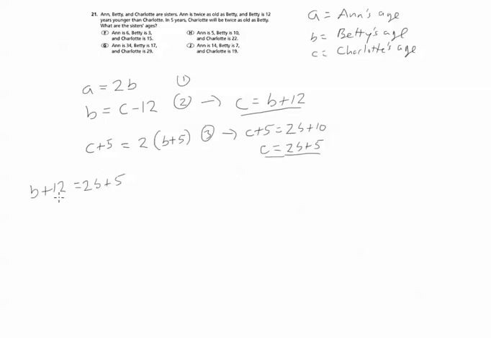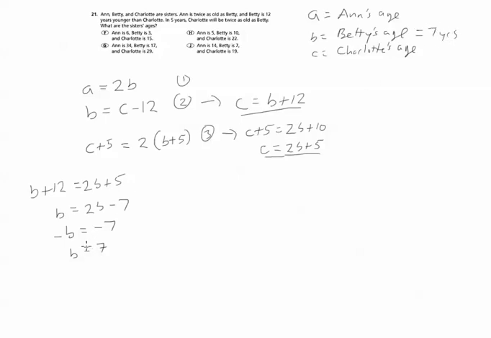So let's subtract 12 from both sides, and I get B equals 2B minus 7. Let's subtract 2B from both sides, and I get negative B equals negative 7. When I divide both sides by negative 1, B equals 7. So Betty's age equals 7 years.